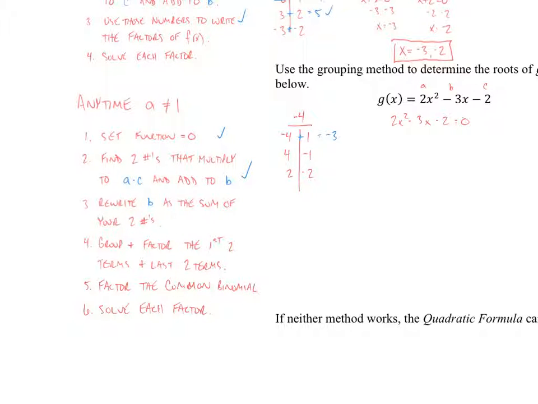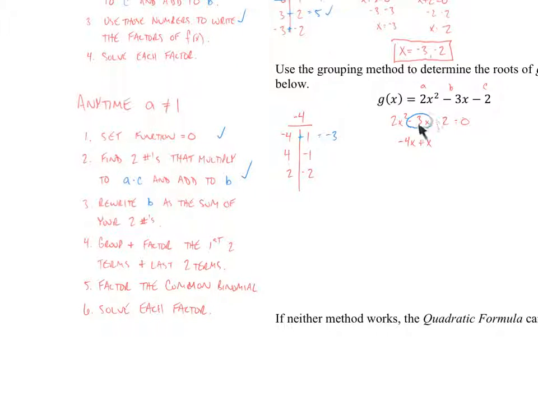Now it says to rewrite b as the sum of those two numbers. So this is where it gets a little tricky. This b term, we're going to rewrite it now. Instead of writing -3x, we're going to write -4x plus 1x, because we decided that -4 and 1, if I add those, are the same as -3.